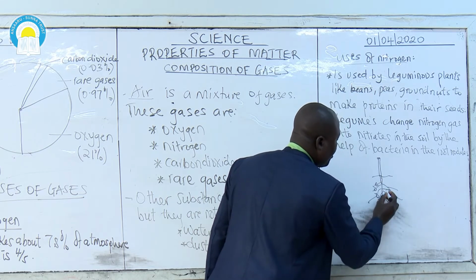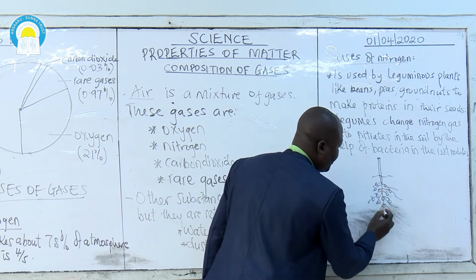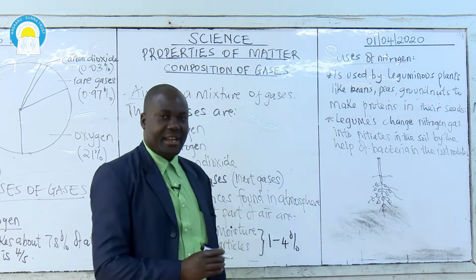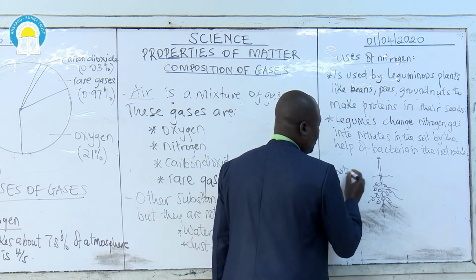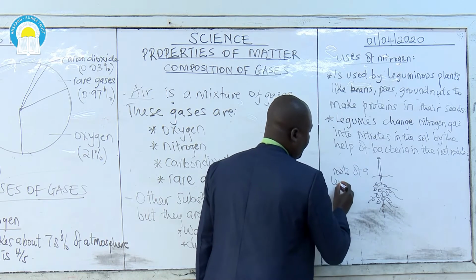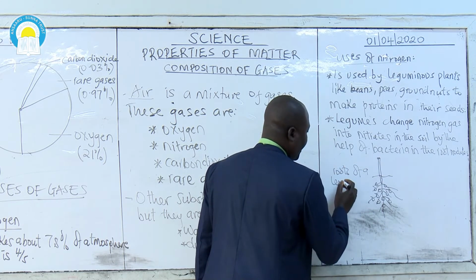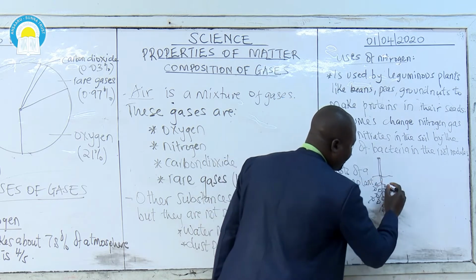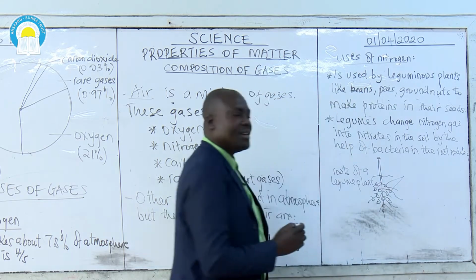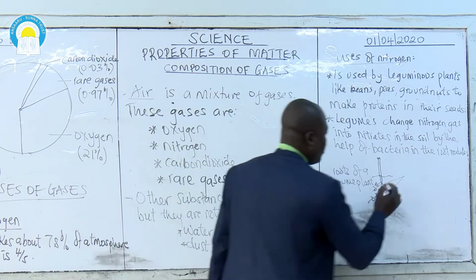Those swellings on the roots of this legume plant are called root nodules.